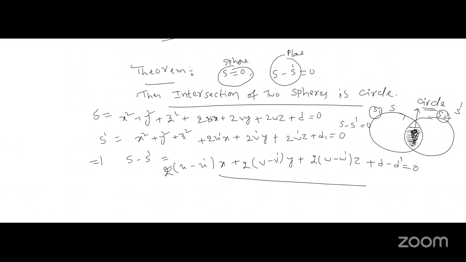So already we know that the intersection of a sphere and a plane, what are we getting? Circle. Sphere and plane intersection, what are we getting? Circle. So therefore we can also say that the intersection of the two spheres is a circle.